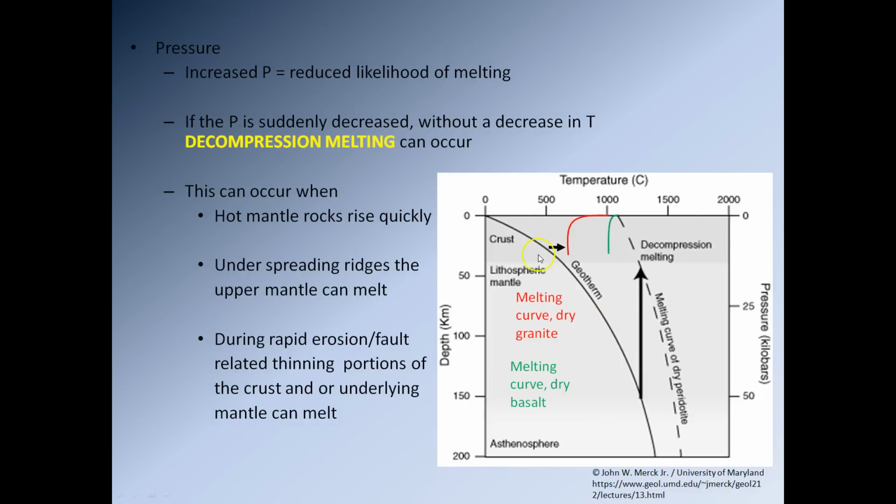So depending on how far the pressure decreases, you can make it melt granite, basalt, or peridotite. Once again, it's relatively simple. All you're doing is just changing the pressure, and that's causing, in this case, the geotherm to rise up.